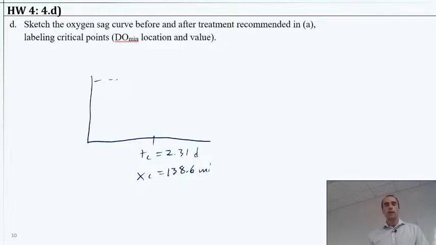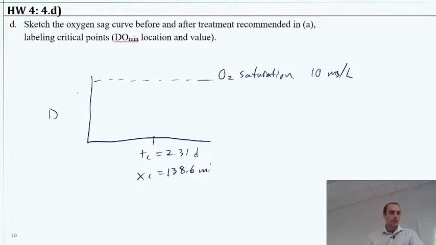So if we have that saturation point, and that was 10 milligrams per liter, we could write the DO here as 10.